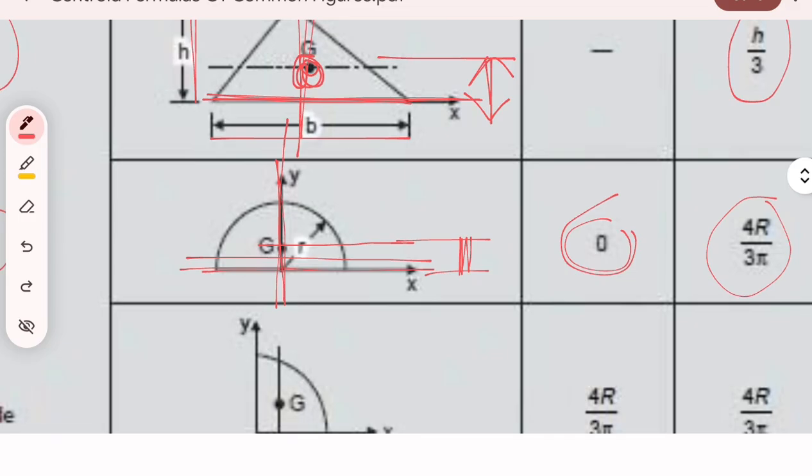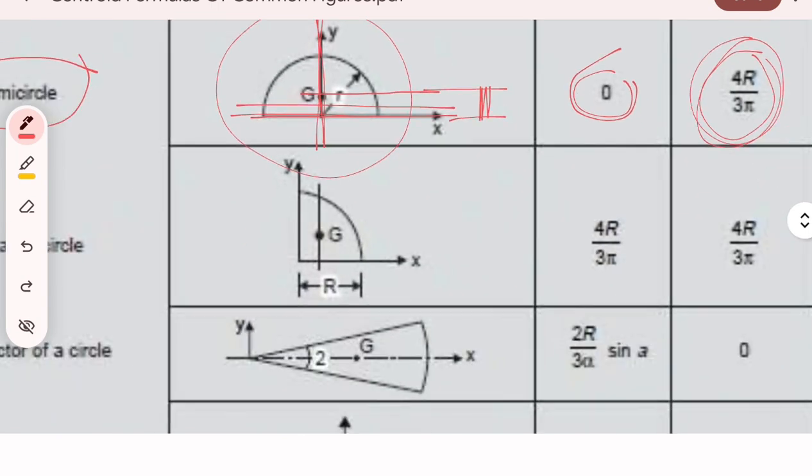So just remember how the semicircle is oriented. This is the form and the formula is like that, right? So if the semicircle is rotated, then the formulas will also be rotated, right?